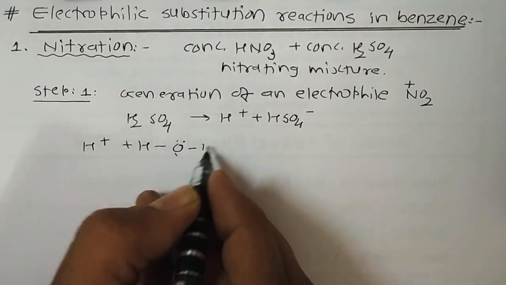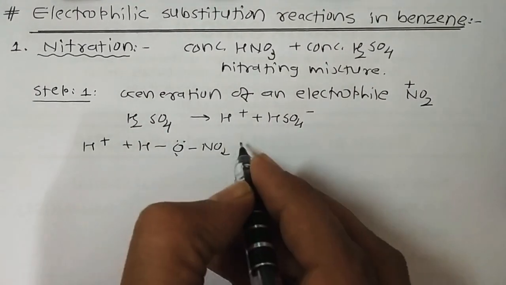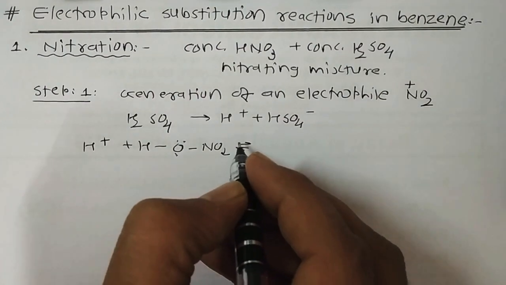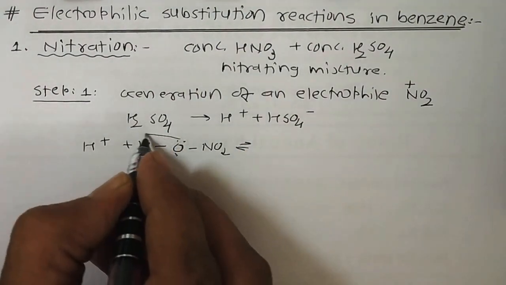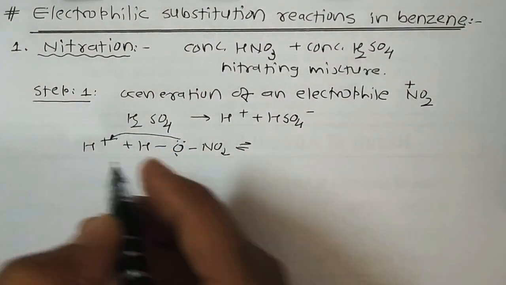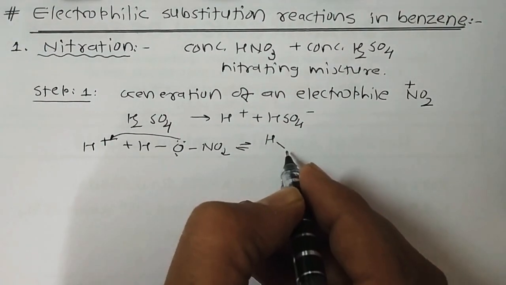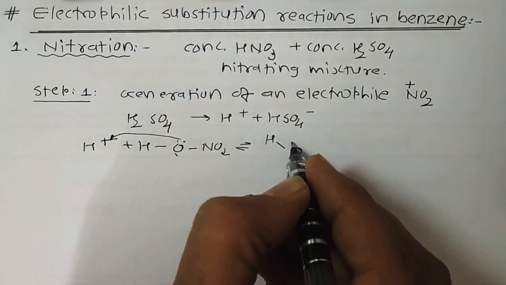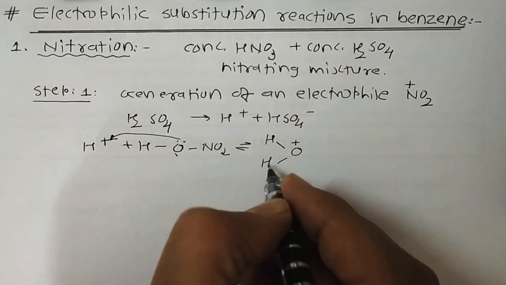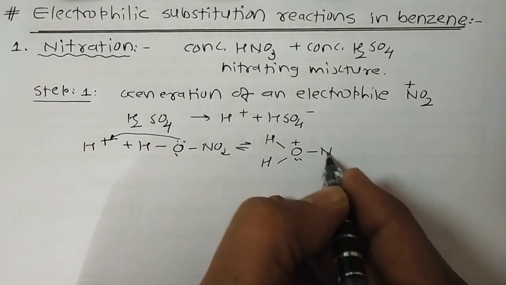Here HNO3 acts as a base, so it gives a lone pair to this electrophile. So we get an intermediate product like that, O plus H NO2.